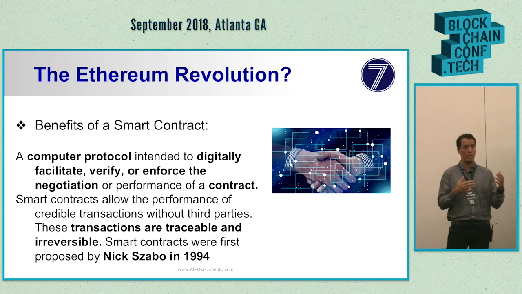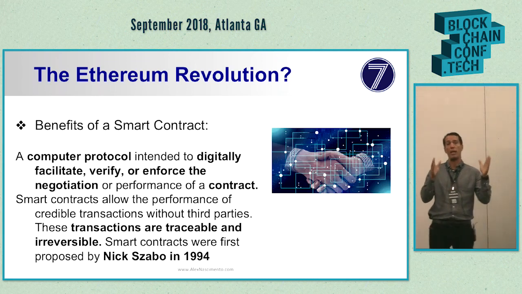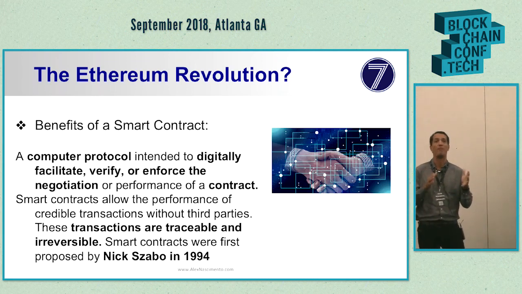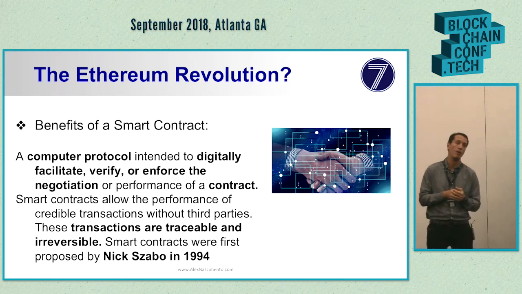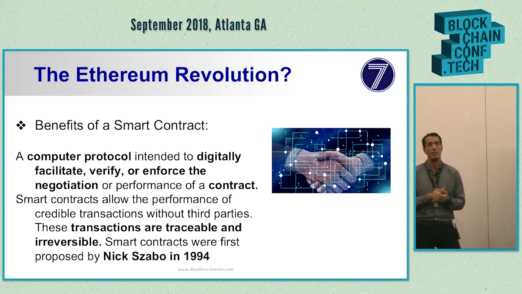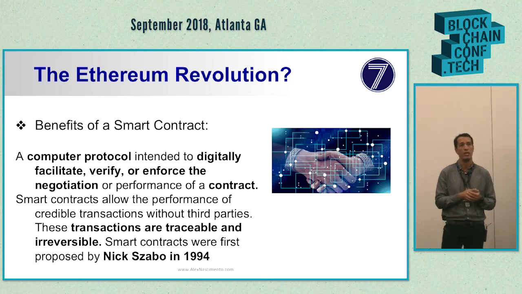So a lot of what's being done in an evolution is that you have a smart contract, which is immutable code, but you also have a picture or an image of that contract on the blockchain so that if there is a discrepancy between what I did and what you wanted me to do, then a mediator or a judge could go and read that image and it would be treated as a legal document.